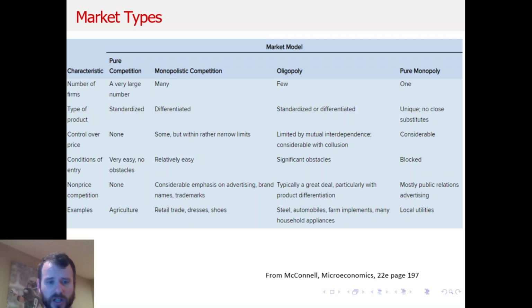So if there's a city center and there's only so many people in that city, well, guess what? If there's a McDonald's and a Wendy's there, Burger King's probably going to have to move to the next city to get any real reasonable demand. So the barriers to entry is essentially what limits firms from entering, right?